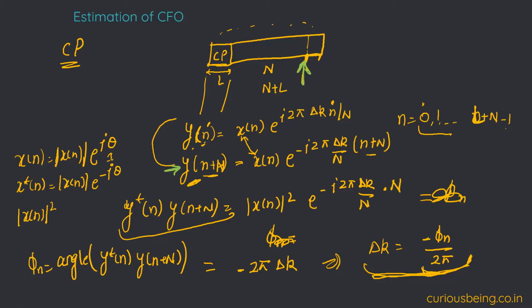It is similar to correlation, X1n into X2n. And this is pre-FFT. It is important to do it pre-FFT because we want most of our sync errors to be corrected before the FFT.